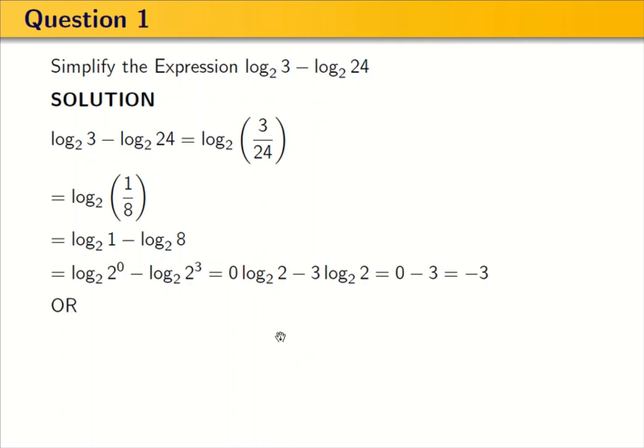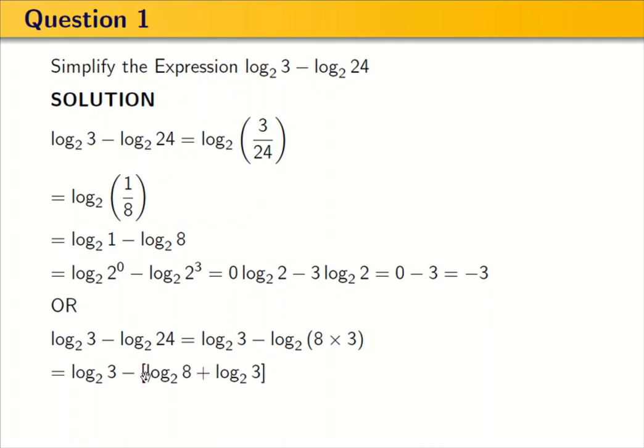But if you want to do this the other way, this is the same as that, and this can also be written as logarithm of 3 base 2 minus logarithm of this, and this is multiplication, so I use the multiplication rule, and this becomes logarithm of 8 base 2 plus logarithm of 3 base 2. Mind you, there is a subtraction sign here affecting all of them.